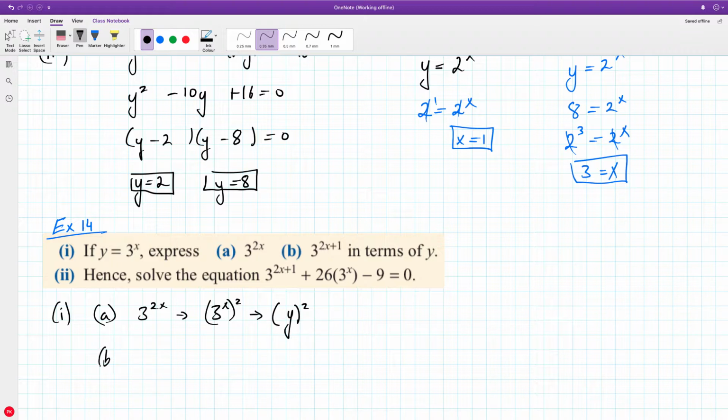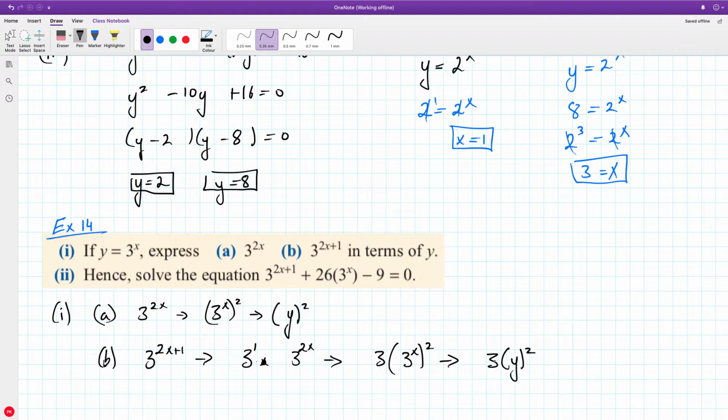B, 3 to the power of 2x plus 1 can be written as 3 to the power of 1 multiplied by 3 to the power of 2x, which can be written as 3 times 3 to the power of x, squared, which can be written as 3 times y squared.